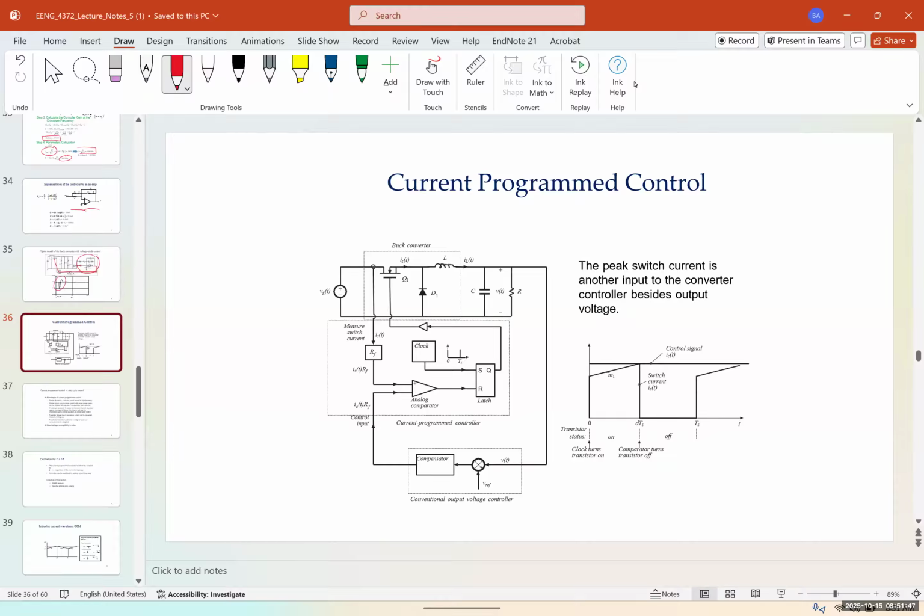Here, again, we have a clock system, a latch, which is technically a small memory, we have the analog comparator, and we have the feedback going through a voltage controller. And in the voltage controller, we have the reference voltage, we have the output voltage sample going through a compensator, going back to the comparator, and then generating a signal using the latch and the clock, and finally feeding it back to the switch.